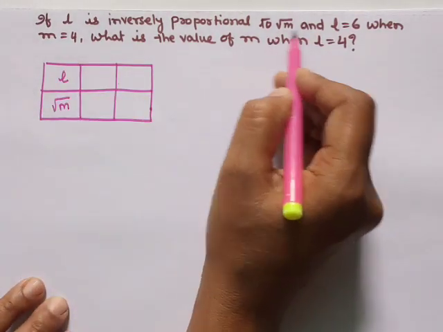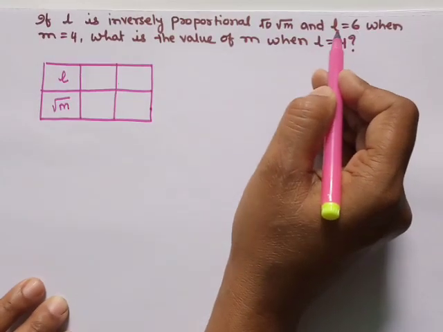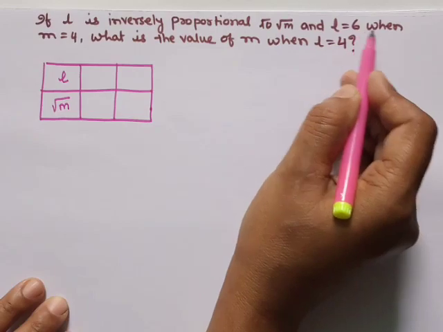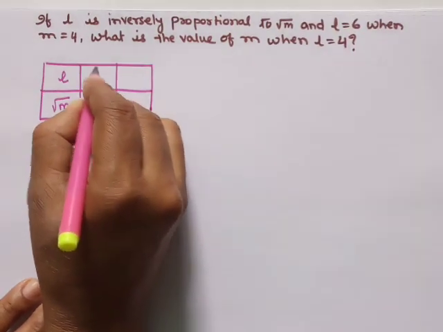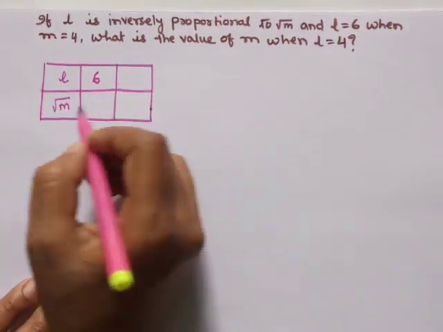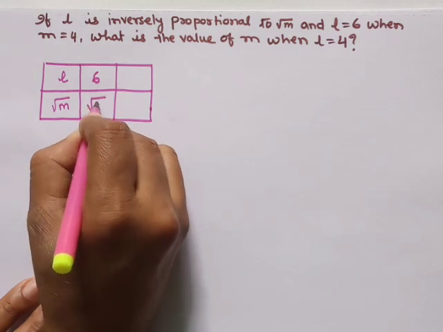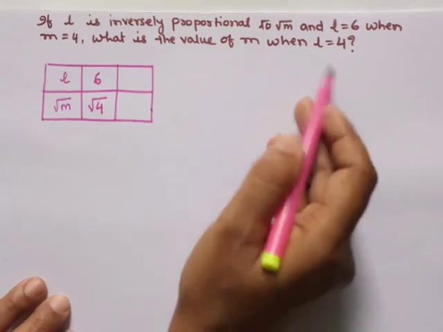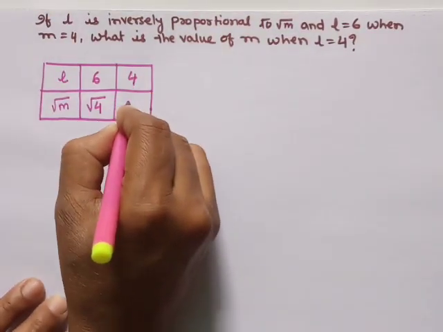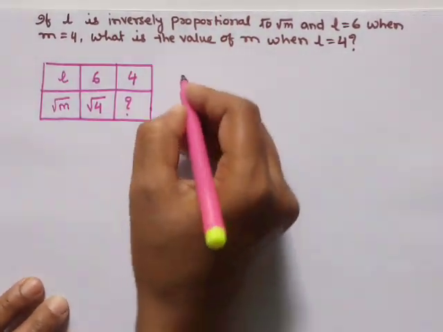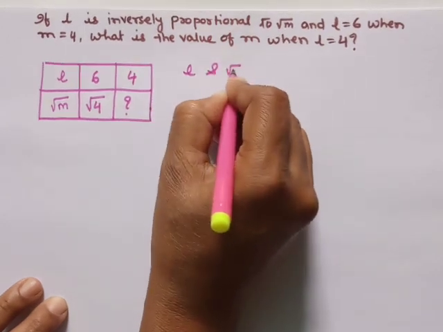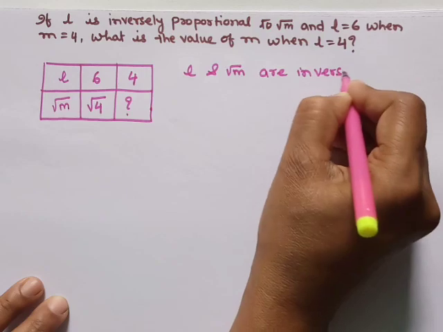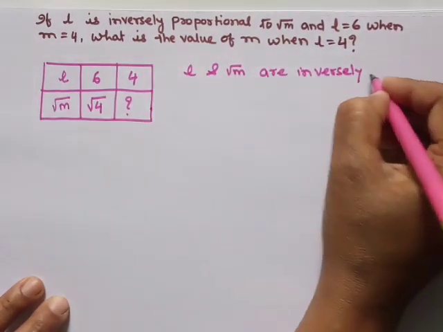So when L is equal to 6, L is inversely proportional to root m, and L is equal to 6 when m is equal to 4. M equal to 4 means root 4 you have to write here. Then what is the value of m when L is equal to 4? Now L and root m are inversely proportional.